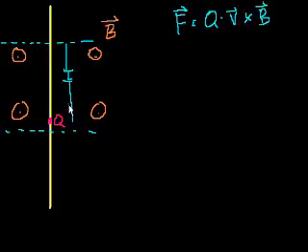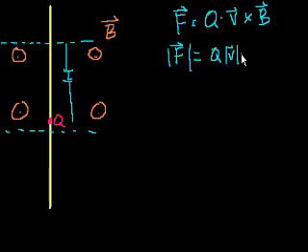If this wire is just stationary and there's no voltage across it, etc., the velocity of this charge is going to be 0. So if the velocity is 0, we know that the magnitude of a cross product is the same thing as Q, that's just a scalar quantity, times the magnitude of the velocity, times the magnitude of B, times sine theta.